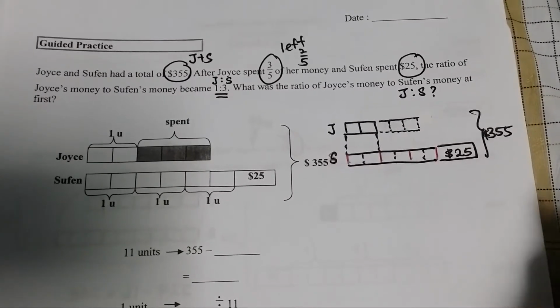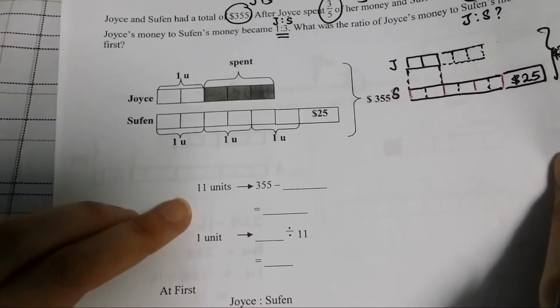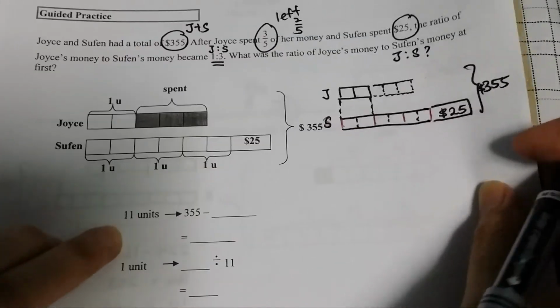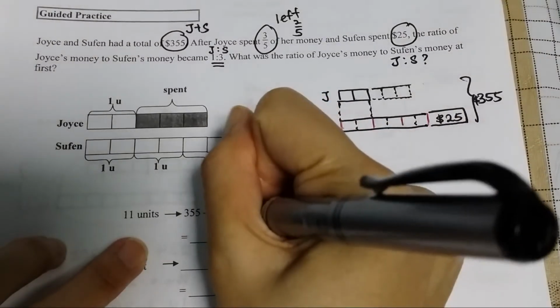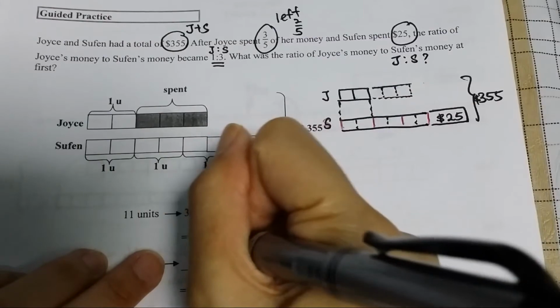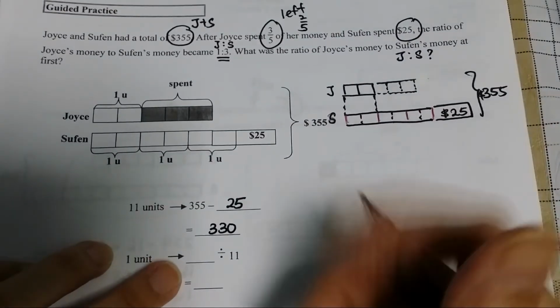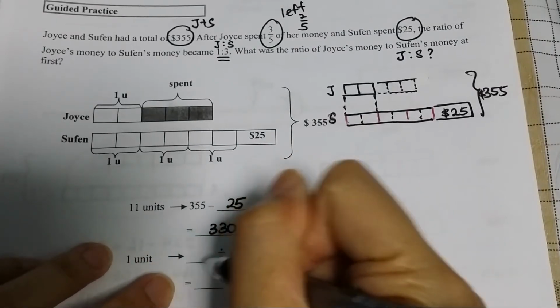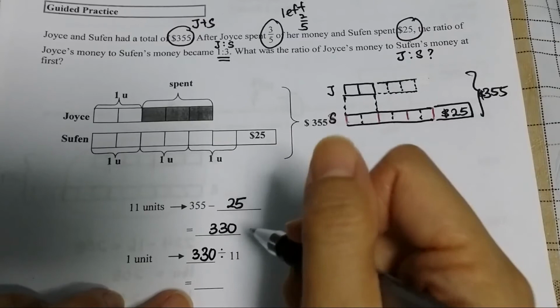Alright, I'm back again. Let's see how we solve this. Now, 11 units equals, remove the alien here, so 355 minus 25. And we get 330. Remember, you can use a calculator. So, to find 1 unit will be 330 divided by 11.